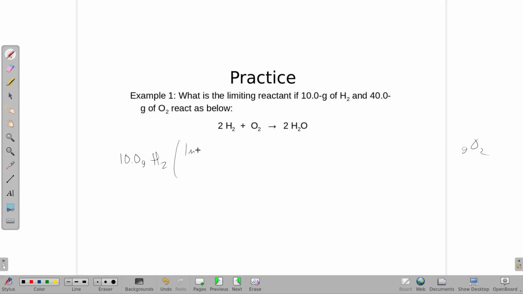So convert this into moles, use our stoichiometric ratio to show that 2 hydrogens are needed to react with 1 oxygen, and then convert this mole of oxygen back into grams.